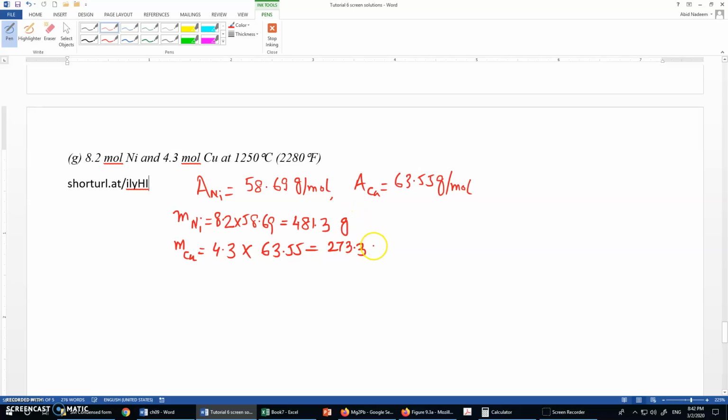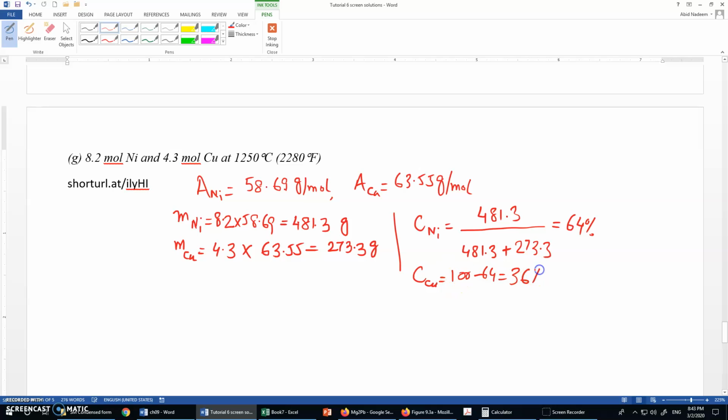These are the grams. Therefore the composition of nickel will be equal to 481.3 divided by 481.3 plus 273.3, which is equal to 63.8%. So take it as 64%. Therefore the concentration of copper will be 100 minus 64, equal to 36%.